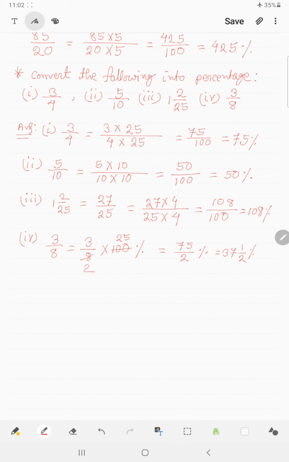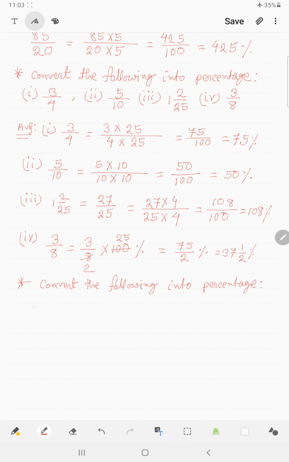Okay, so this is one new rule I have shown you. So you can apply this rule to another question. I'm giving one more question. So convert the following into percentage.